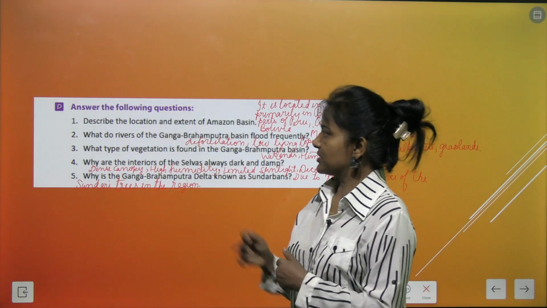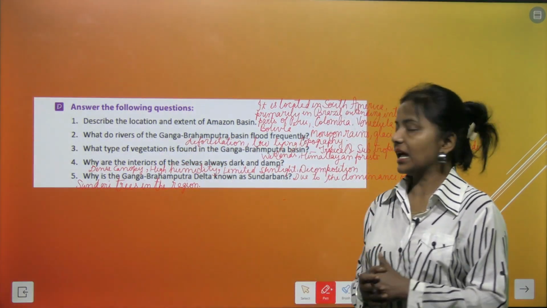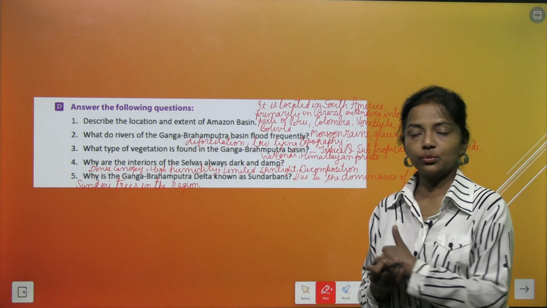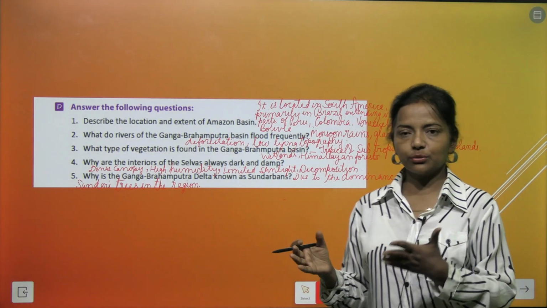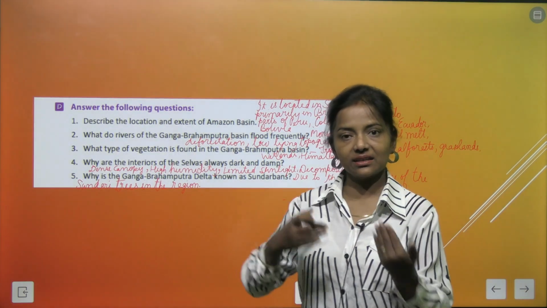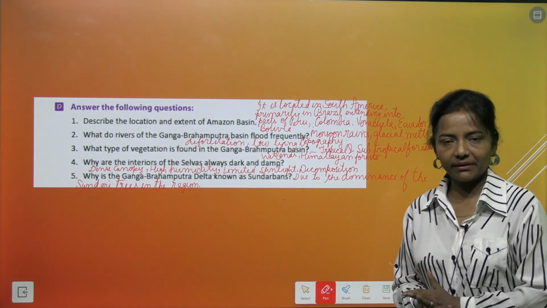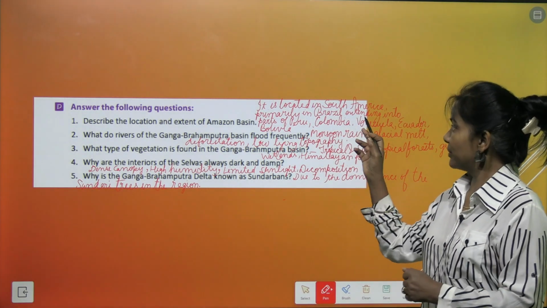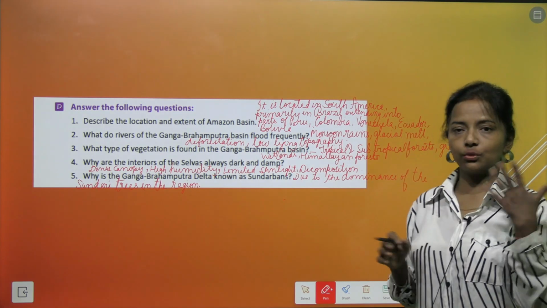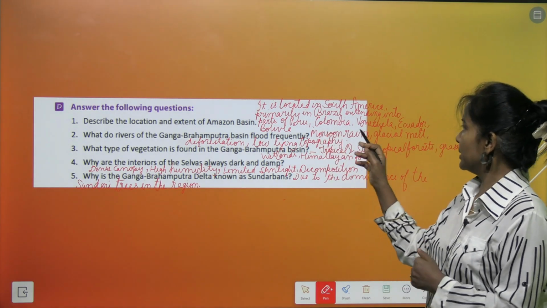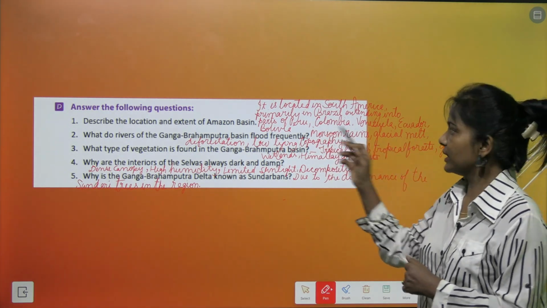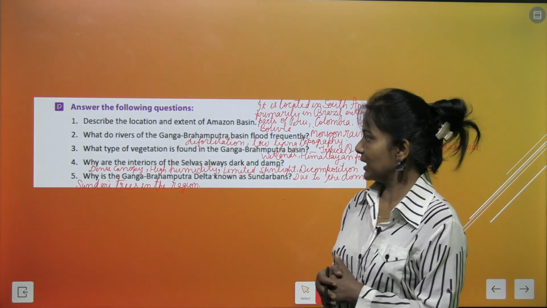Answer the following questions. Describe the location and extent of Amazon basin. Amazon basin का location क्या है और उसका कहाँ से कहाँ तक extent है? It is located in South America, primarily in Brazil, extending into parts of Peru, Colombia, Venezuela, Ecuador, and Bolivia. Okay?